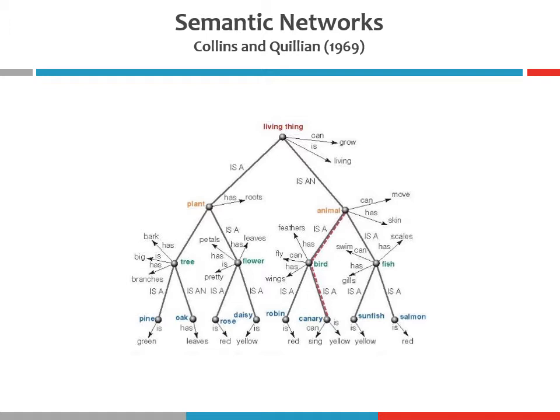So for example, properties of trees might be that they're big relative to other objects. They have branches. For example, they have bark, which is the substance that the trees are made of, right? So all of the nodes are connected according to their specific properties, okay?